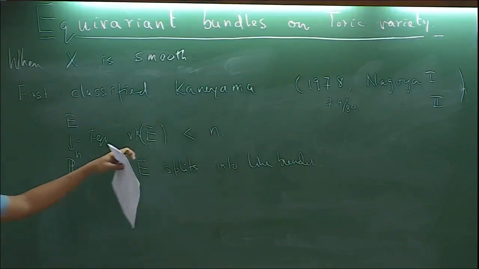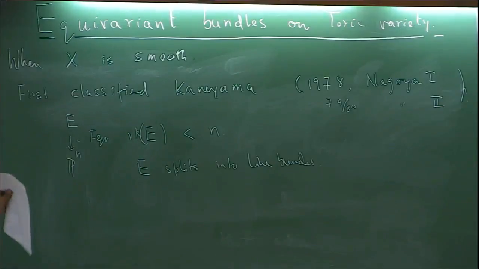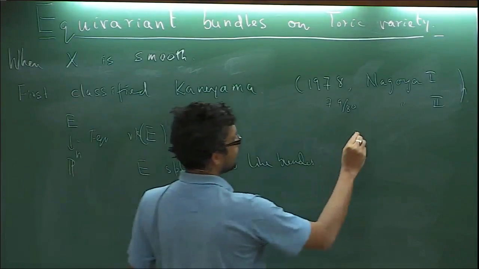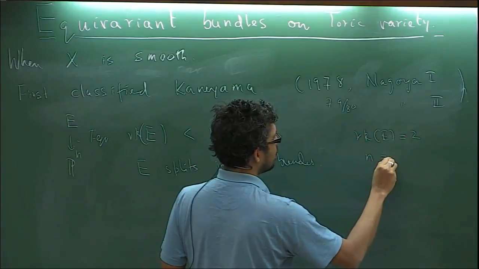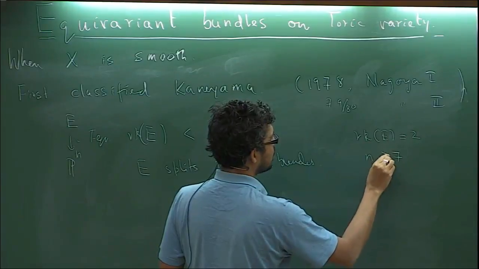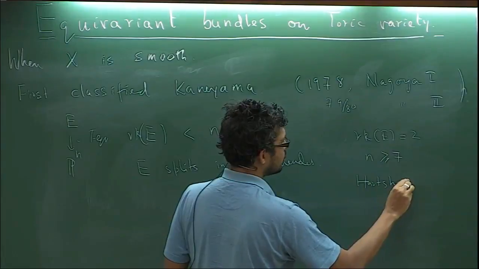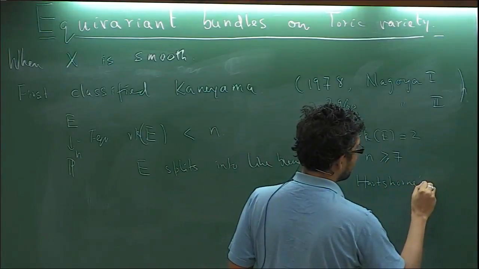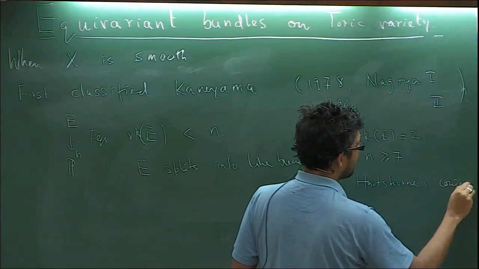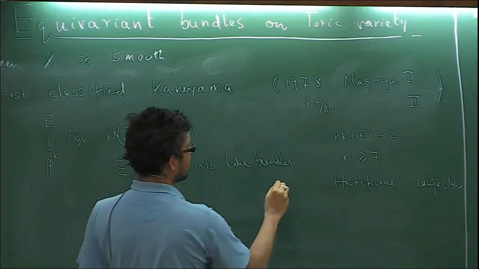For rank equal to 2 and n greater than or equal to 7, this is the Hartshorne conjecture. Of course, the Hartshorne conjecture is for any vector bundle, but this is the equivariant analog.